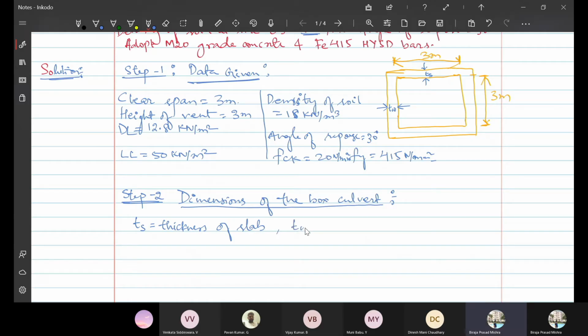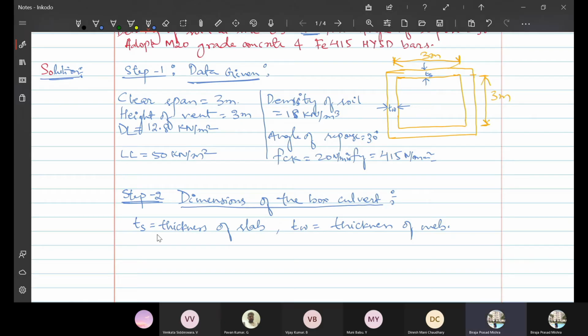Now, we only know this dimension, the height of vent and the clear span. So let us assume that per meter width, the thickness is 100 millimeter.